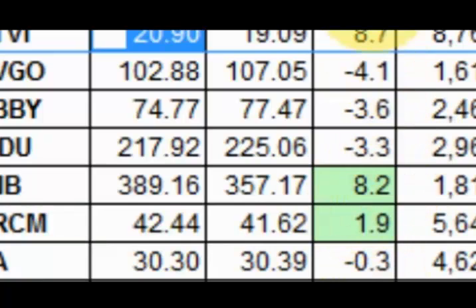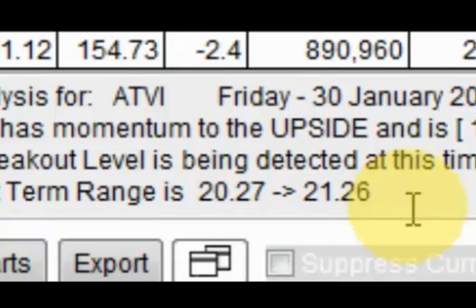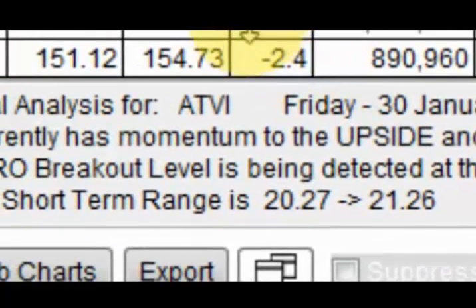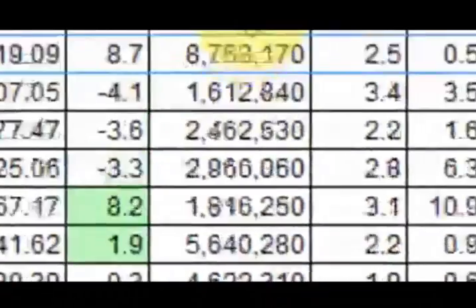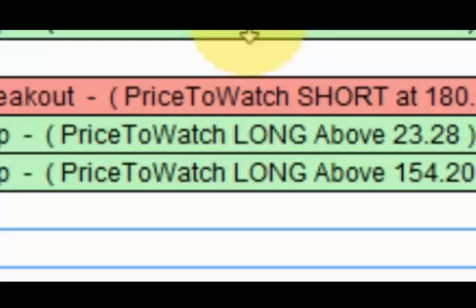So get in the habit of plotting these resistance lines on your chart, running a short-term range on your chart, and then also your macro breakout levels, if there is one, and any kind of setups that you get. Plot them as lines on your chart. Those are reference points to watch.